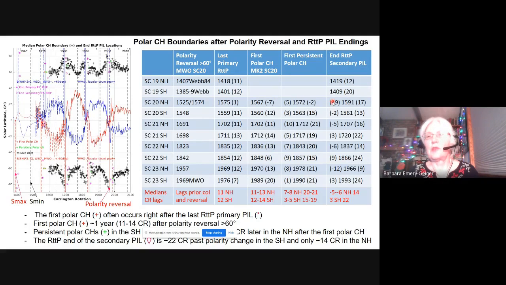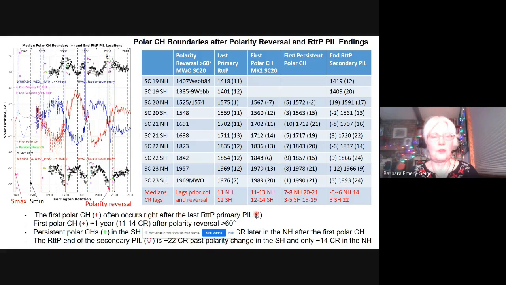Sometimes it turns out that in the northern hemisphere, the secondary pill peak is before the persistent coronal hole, but it is after in the southern hemisphere. So sometimes there's a considerable difference. There's also a difference between this one and its polarity reversal, almost double, in fact. So the South Pole takes longer to arrive than the northern hemisphere.